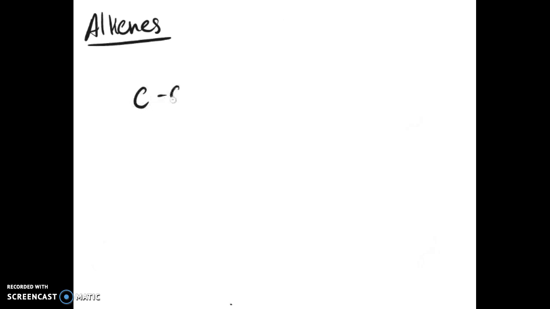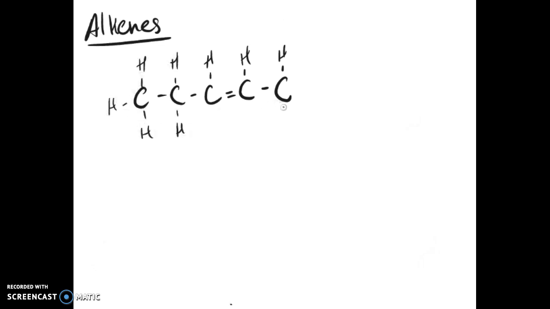Let's say we have this molecule right here. Now that is with the full number of hydrogens, and as you can see it's unsaturated because there could potentially be 2 more hydrogens here in this position.